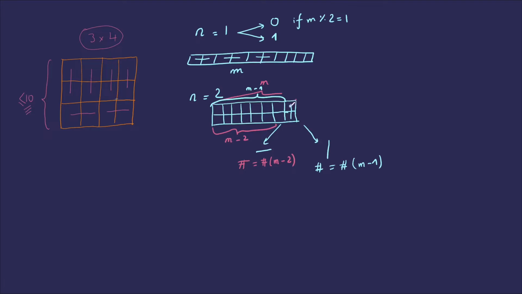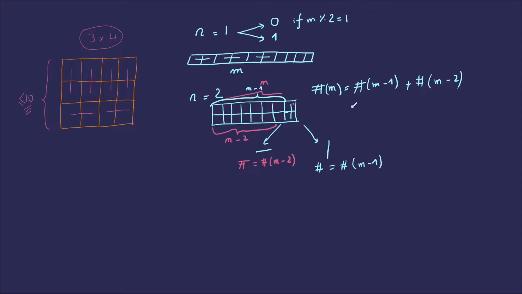And since here we have a choice of putting either a vertical or a horizontal tile, the number of ways for m will be equal to the sum of these two possibilities, because we can choose either of them. So this should be equal to the number of ways for m minus 1 plus the number of ways for m minus 2.